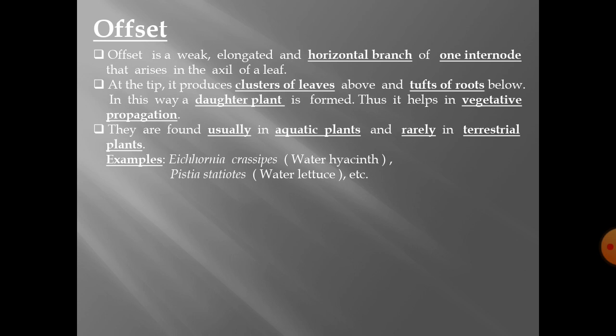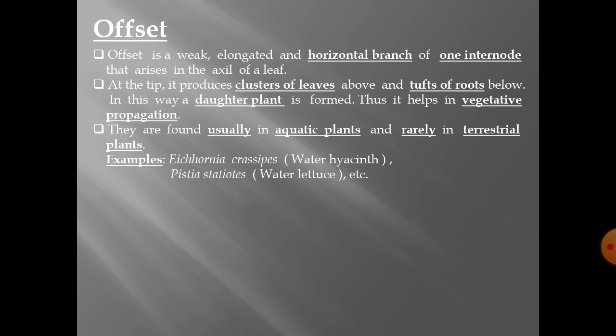The first point says that it is a weak, elongated, and horizontal branch of one internode that arises in the axil of a leaf. Next point says at the tip it produces clusters of leaves above and tufts of roots below.